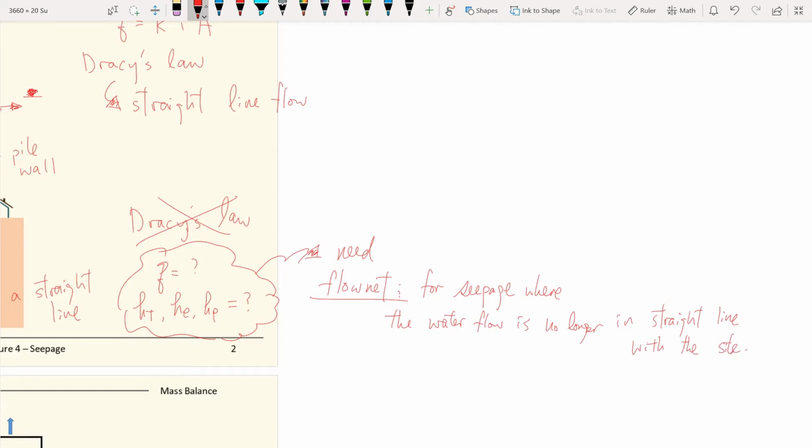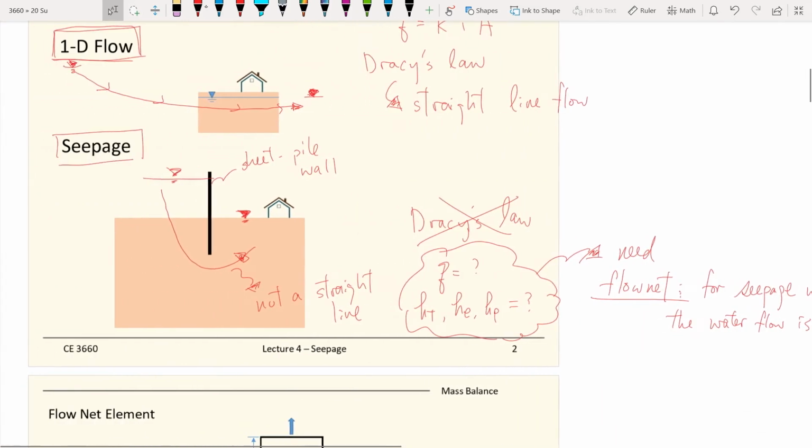Next we will talk about what a flow net is.